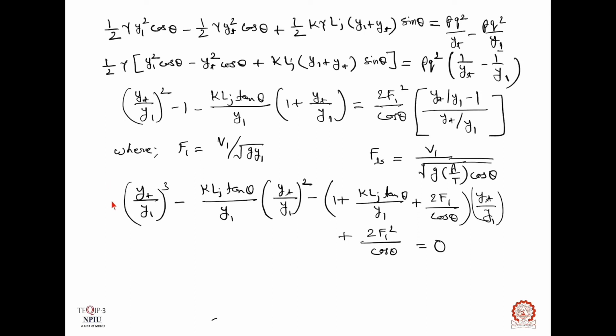This equation can be used to estimate the sequent depth ratio by a trial and error procedure if the term k Lj is known. In general, k Lj can be expected to be a function of F1 and theta, and its variation can be obtained only through experimental study.